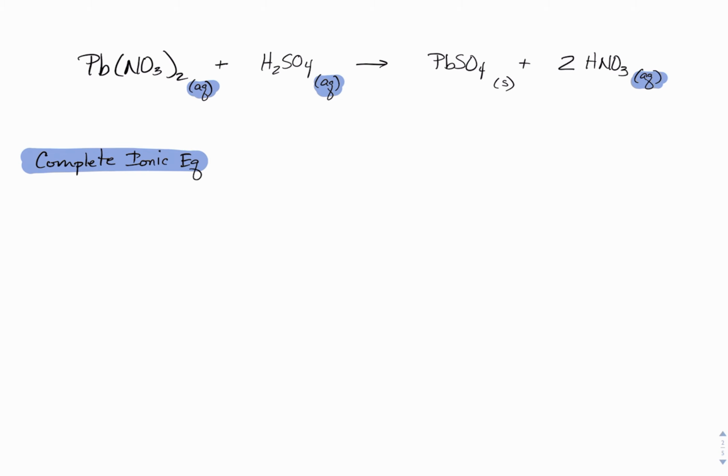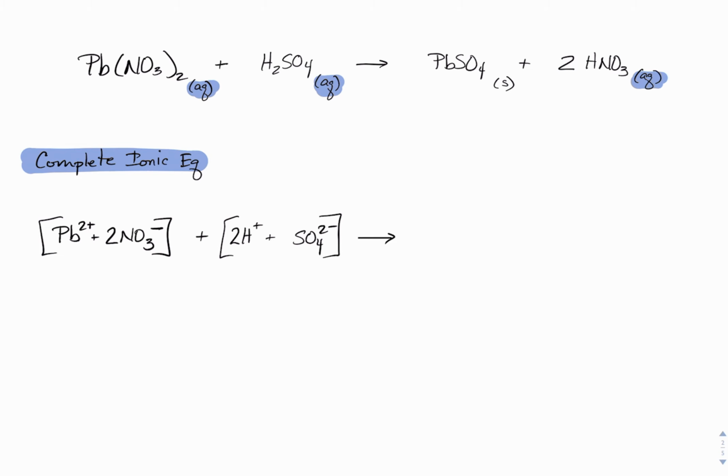So it turns out for lead II nitrate, the 2 ions that I'm going to have are lead 2 plus and NO3 minus, and I'm going to have 2 of the nitrates, and I'm going to bracket that. And then for H2SO4, sulfuric acid, I'm going to have H plus and SO4 2 minus, and it turns out I'll have 2 H's, and I'm going to bracket that.